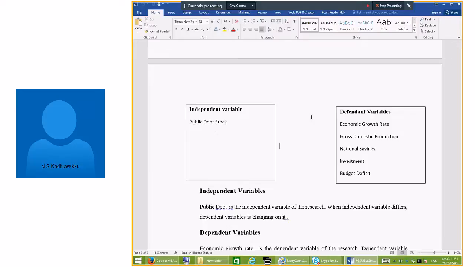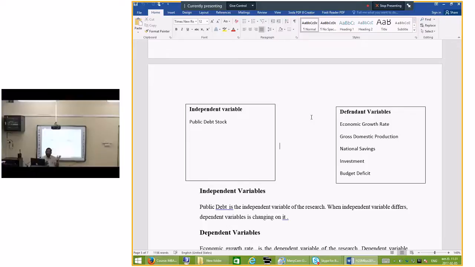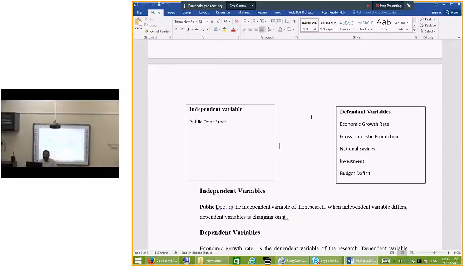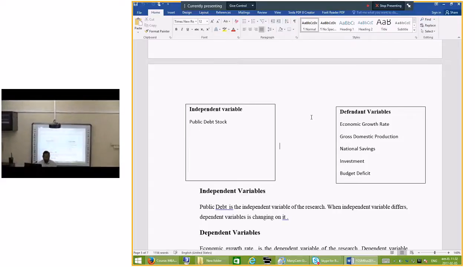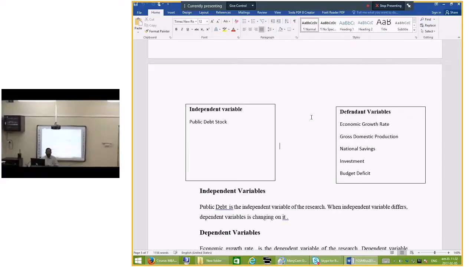Then do the analysis government-wise: if a new government comes into power, their policy, their finance policy, may change. Based on the financial policy, you do a research.